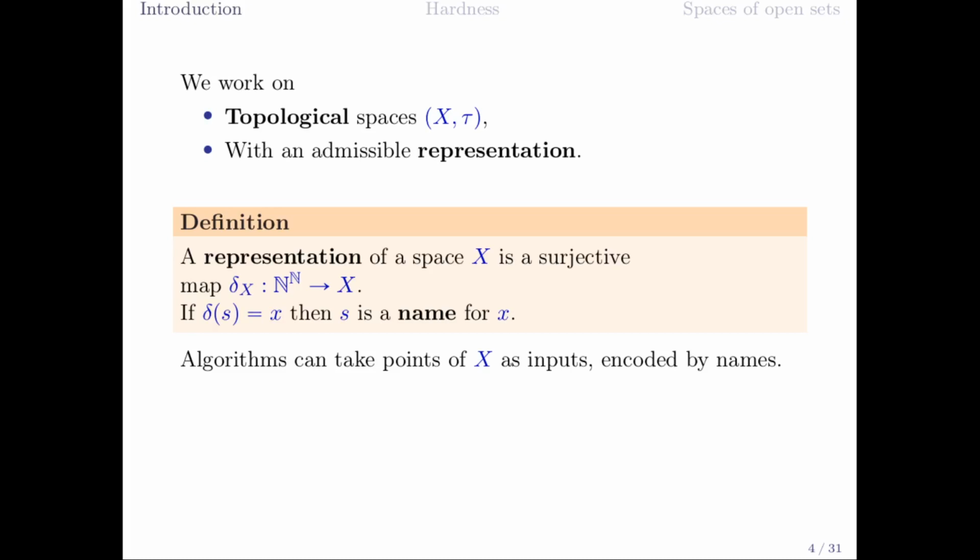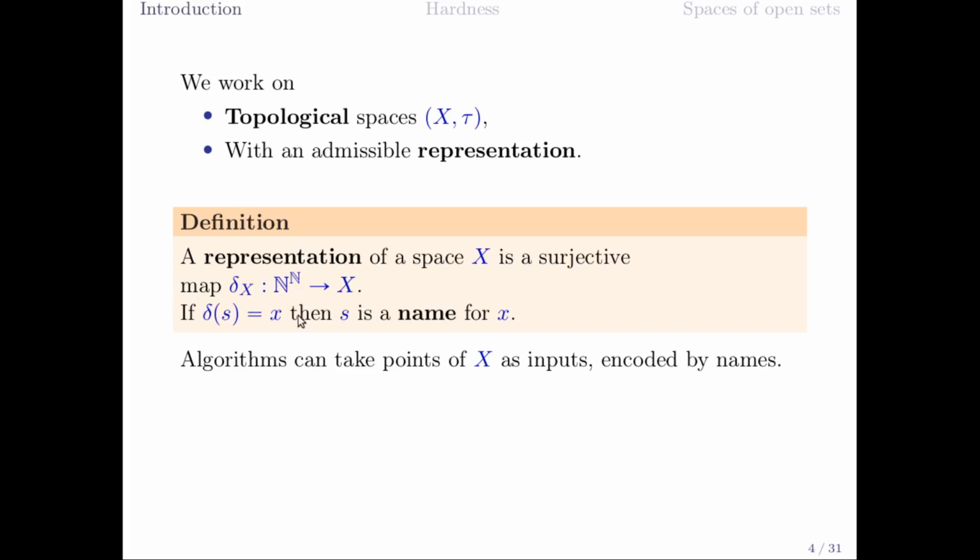So what's a representation? It's a way of encoding the points of the space into symbolic objects. It's a surjective partial map from the Baire space, the space of infinite sequences of natural numbers. It could also be infinite bit sequences, it's the same. It maps such symbolic objects to points of the space.